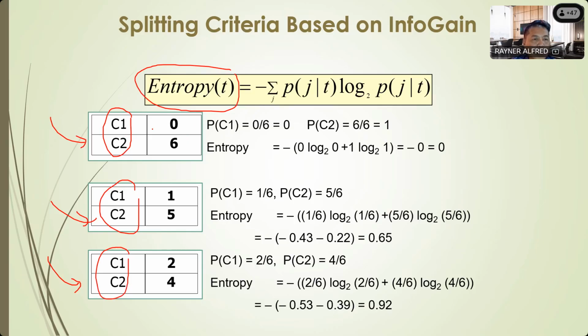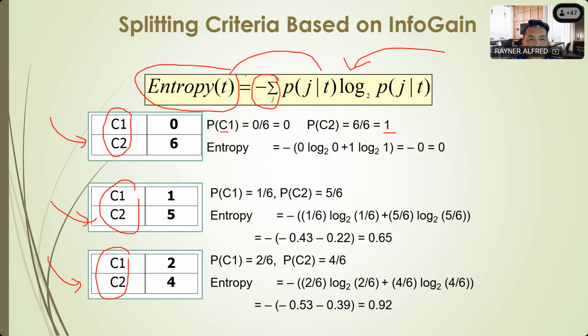So if we look at the membership for this group, the probability of having class 1 is 0, and the probability of having class 2 is 1. Okay, so we will plug the value in. Looking at this formula, the summation is over how many classes we have.